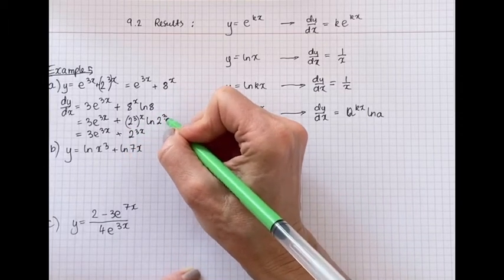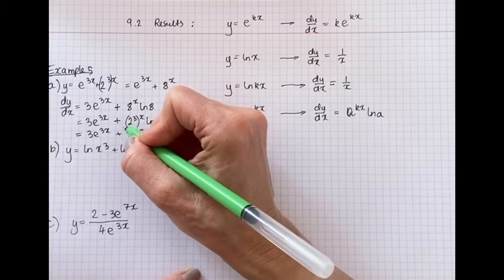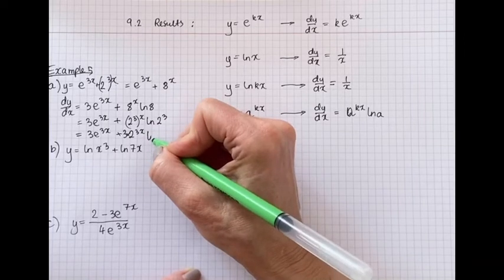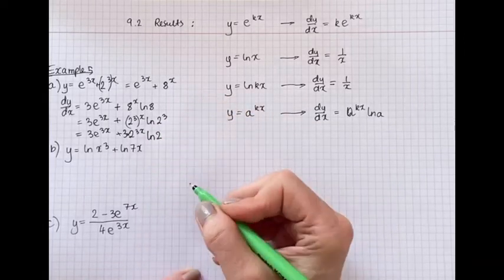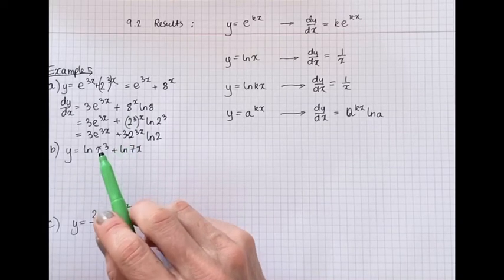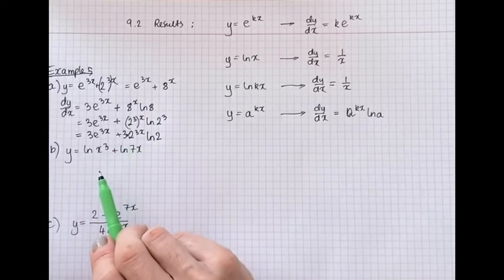But then that 3 can be brought in front, but we might as well bring it in front of the whole thing. So 3 times ln 2. So I think it looks better when you write it with 8, but it's fine to write it like this.